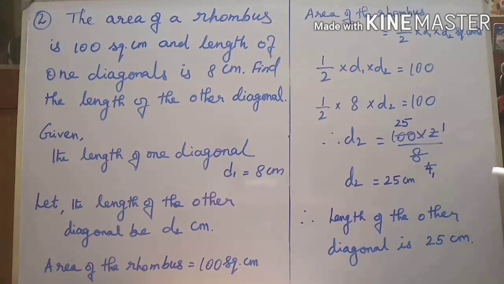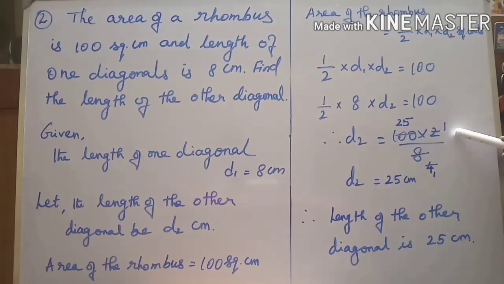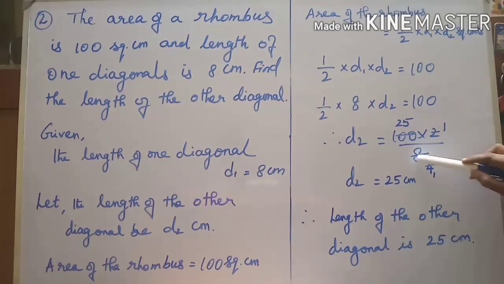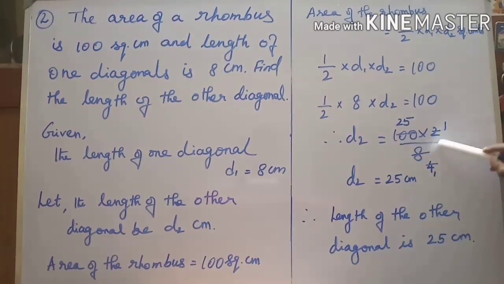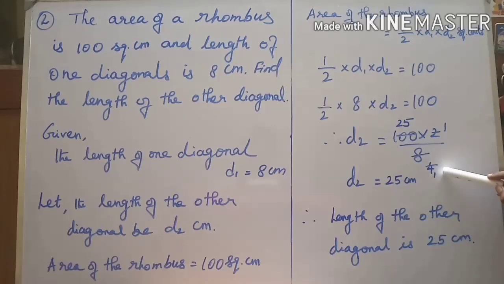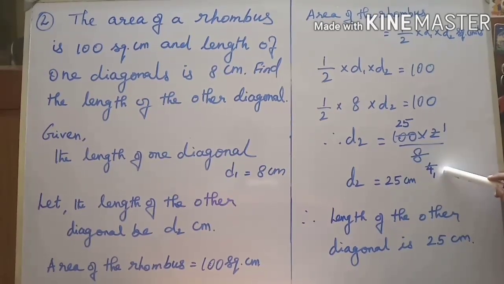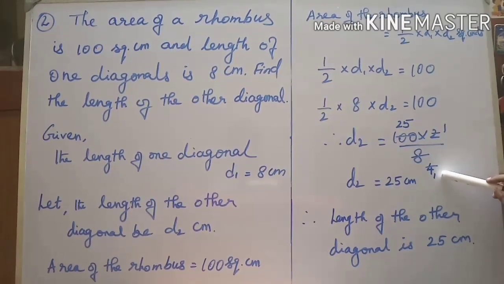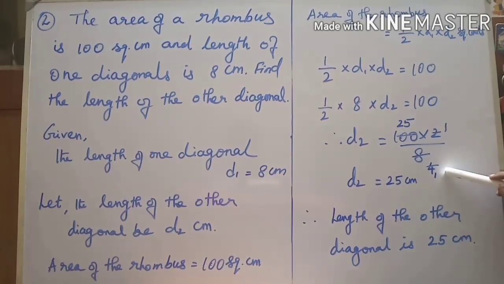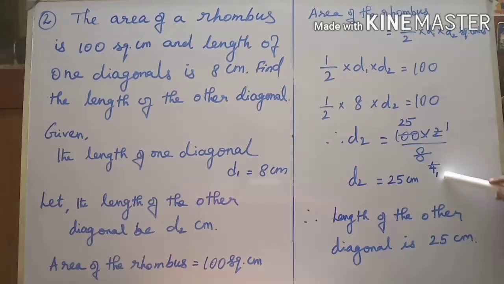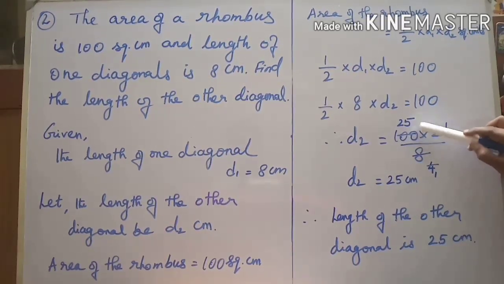Let us do the calculation now. Simplification. 1, 2 is 2. How many 2's will make 8? 4 2's are 8. So cut 8 and write it as 4. Next I will go with this 4 and 100. How many 4's are there in 100? 25. 1 4 is 4, 25 times 4's are 100.